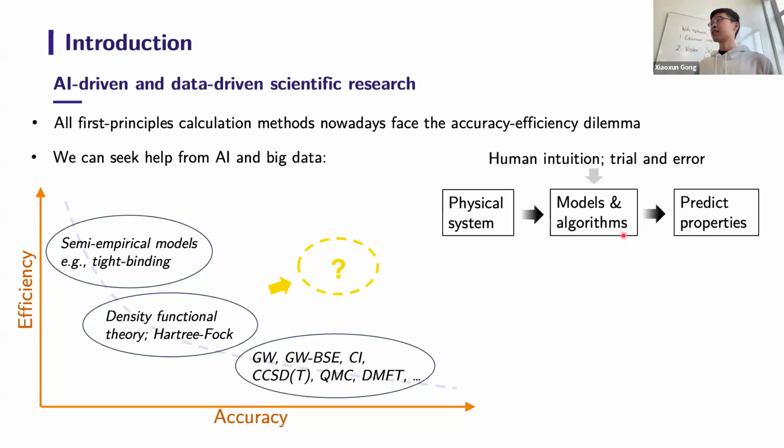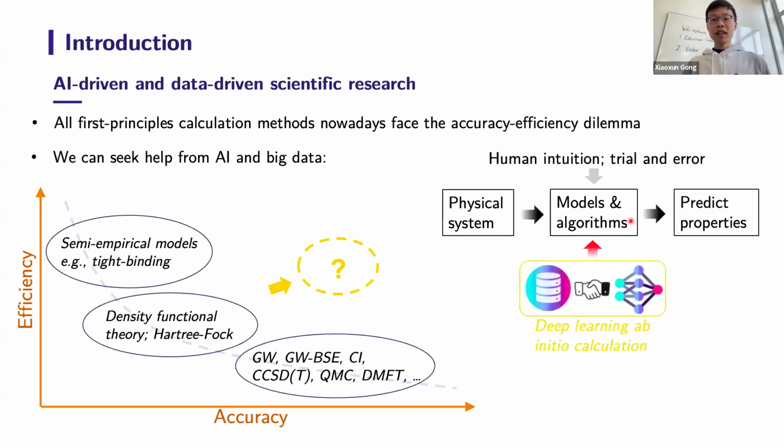Now, with the help of artificial intelligence and big data, unified under the framework of deep learning ab initio calculation, which I will present in my talk, we can avoid this human intuition and trial and error, and let the artificial intelligence discover the physical laws hidden behind the big data and tell us the properties of materials.